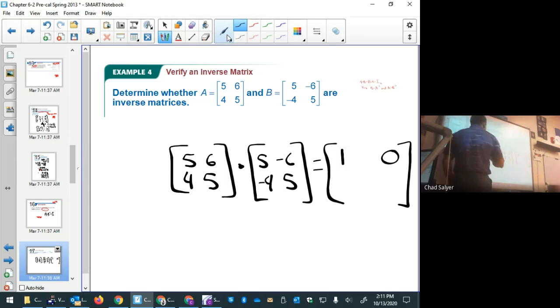Those sum to 0. Second row, first column, 4 times 5 is 20. 5 times negative 4 is negative 20. Sum to 0. 4 times negative 6 is negative 24. 5 times 5 is 25, which sum to 1. So are these inverses? Yes. Indeed. We have the identity matrix as their product. And so they are indeed inverses.